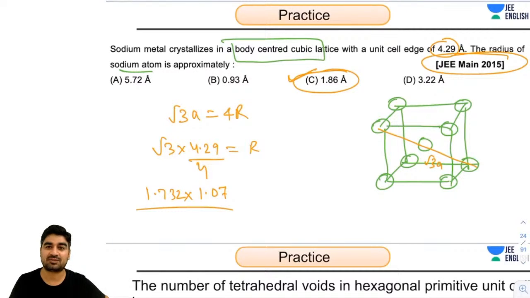Yes, any other doubt? Please ask if you have any doubt. No doubt, so now let's move to the next problem.